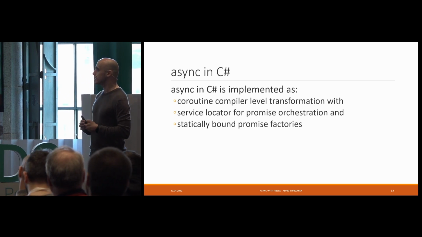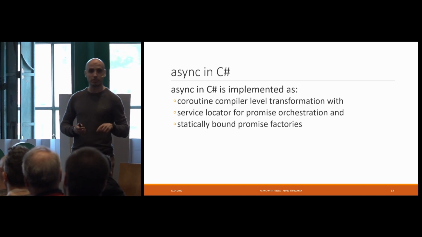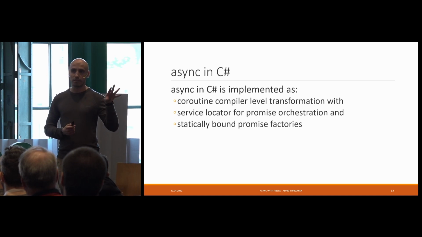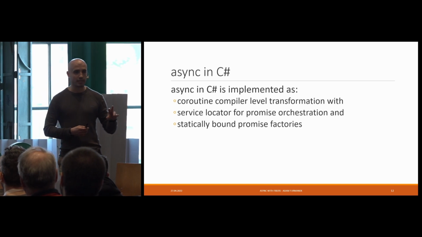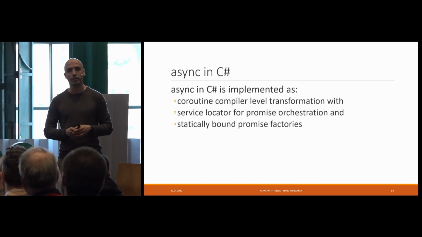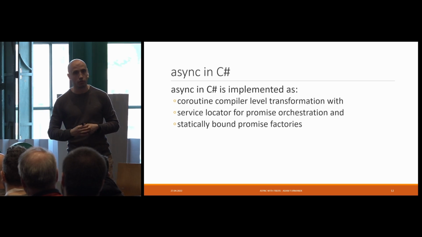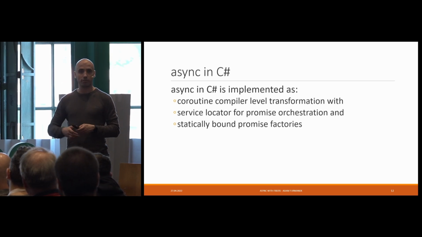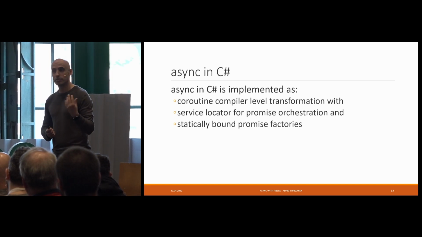The second part is that async in C# is implemented as a service locator for promise orchestration, meaning that there is a static global variable named synchronization context, which gives you the service locator behavior for how you schedule the continuations. Because depending on what application you run, whether it's a desktop application, a web application, or a Blazor application, your continuations need to be scheduled differently.